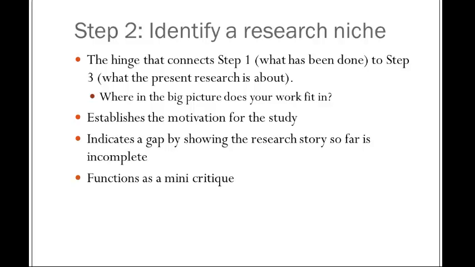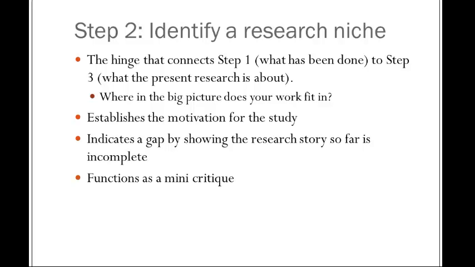So first, in your step 1, you're going to explain what the general topic of the research is. Step 3 is going to be talking about your research, and then you want to consider step 2 as the link between step 1 and step 3, in that there's a hole somewhere, there's a void that needs to be filled, and you're going to articulate and point out specifically how your research is going to do that. This can also function as a mini critique. By providing the previous scholarship on a topic, you can say, well, all this research has been done, no one has done this yet, or so-and-so neglected to consider this aspect of the problem.